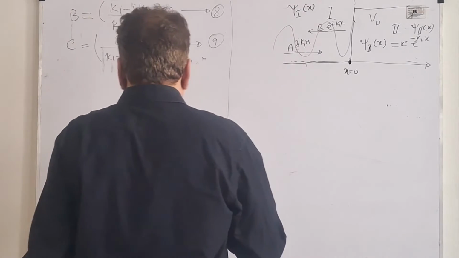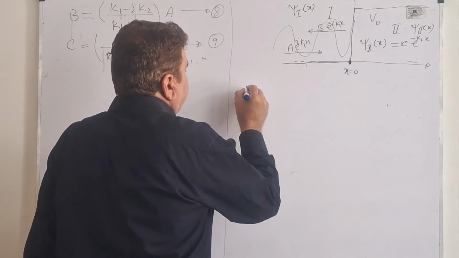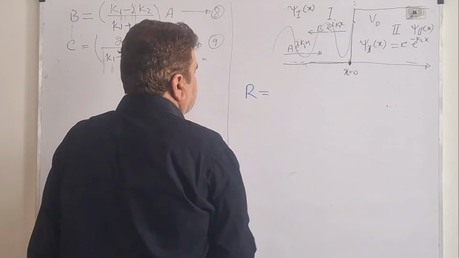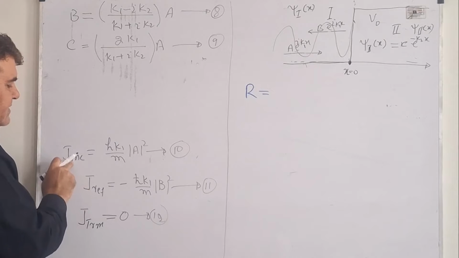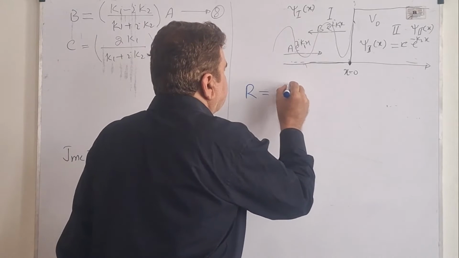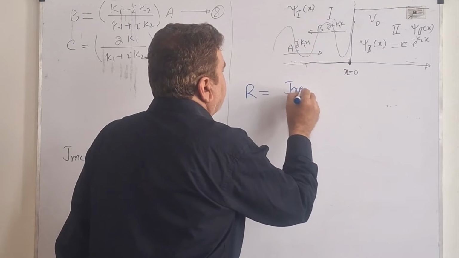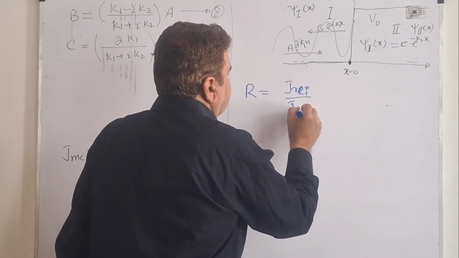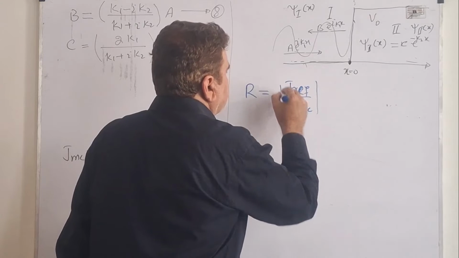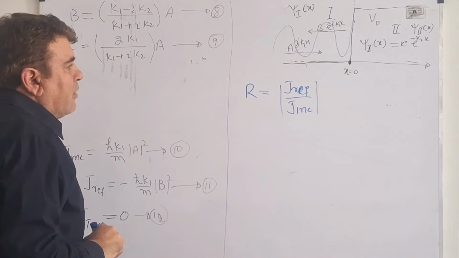So the reflection coefficient R is defined as the ratio of the modulus of these two quantities, the incident and reflected. So I write this as J reflected divided by J incident mod gives the reflection coefficient.